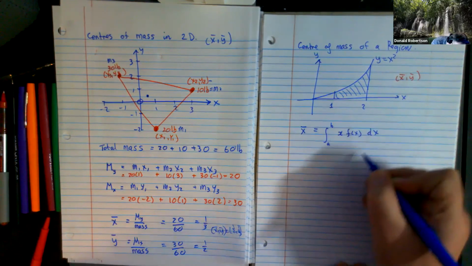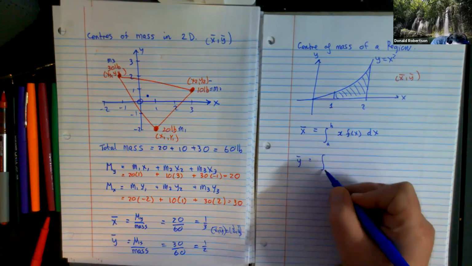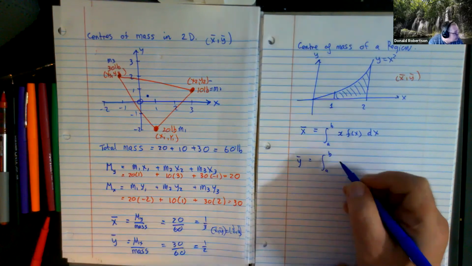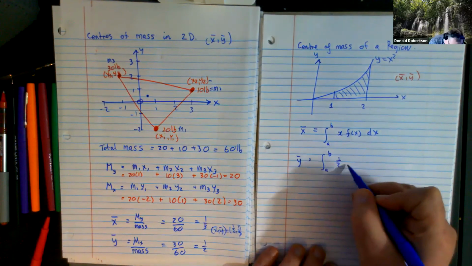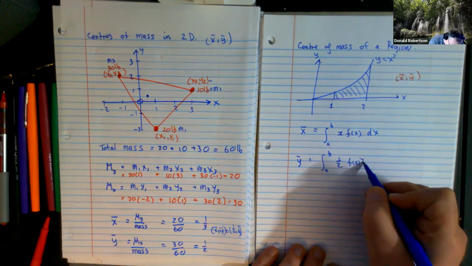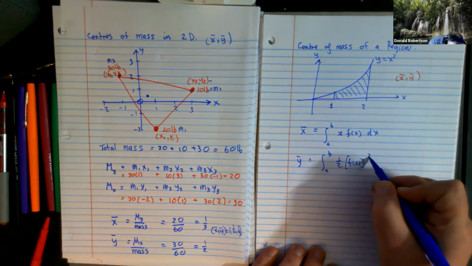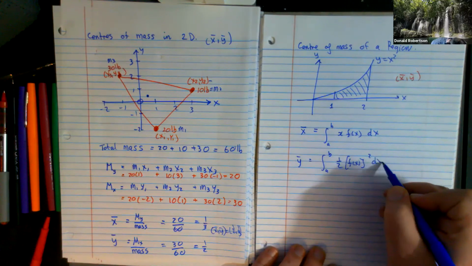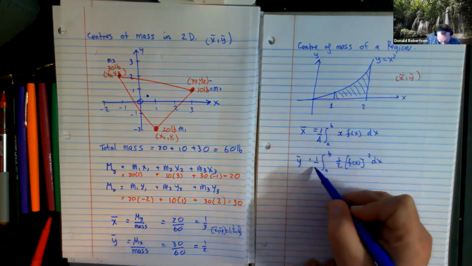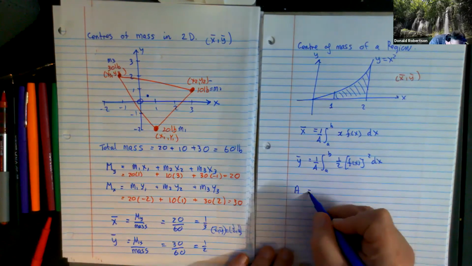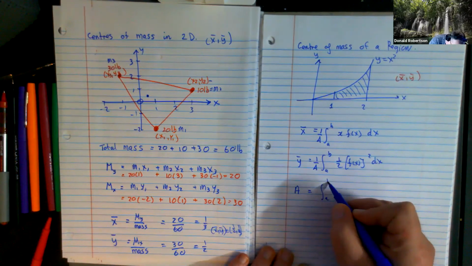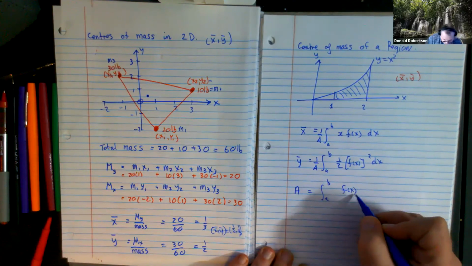And y bar is the integral from a to b of 1/2 f of x squared dx. And there's a 1/A outside. And A is the integral from a to b of f of x dx.